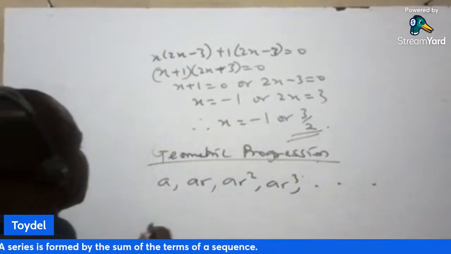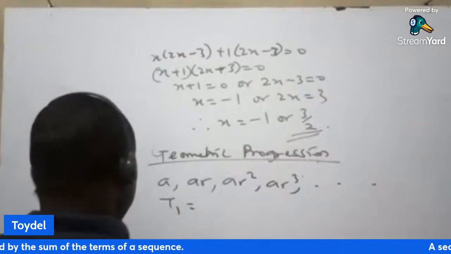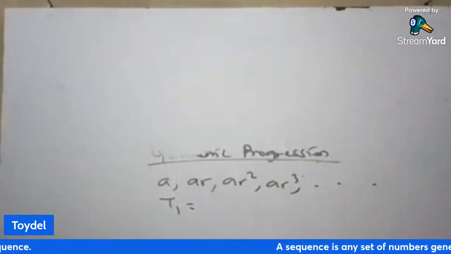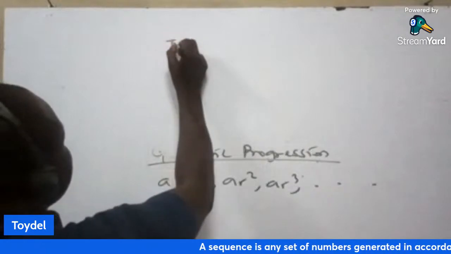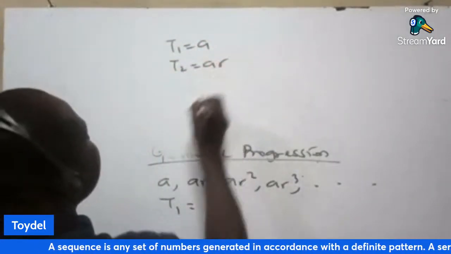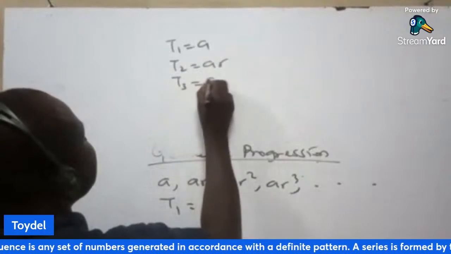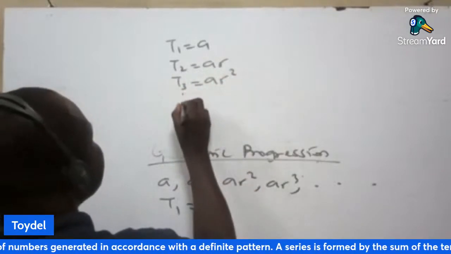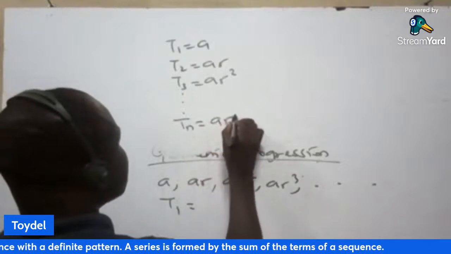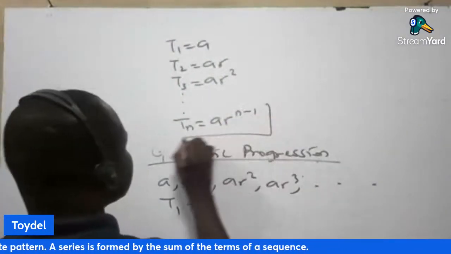So under geometric progression, the first term, T1, is given as a. The second term, T2, is given as ar. The third term, T3, is given as ar squared. Then if you follow that progression, Tn will become what? ar to the power of (n minus 1).